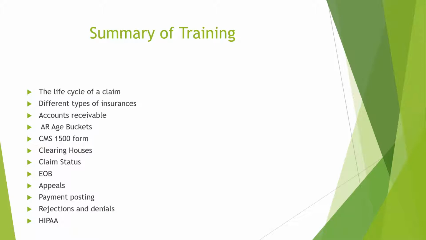And you want to also make sure that it's worth it. We talked about payment posting and how they play a role in making your job a bit easier. We also discussed rejections and denials, which is a very important aspect of accounts receivable. And we talked about the importance of HIPAA.